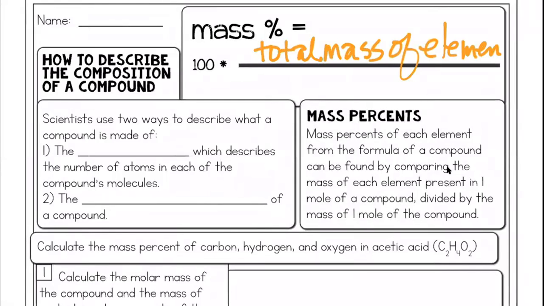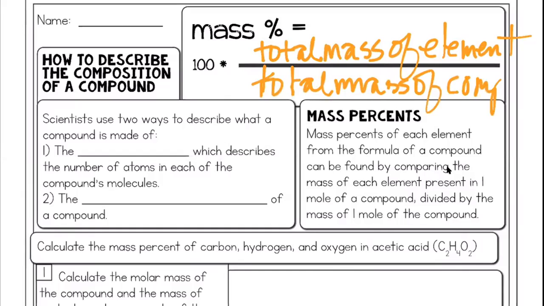So once you figure out the total mass of your element, that goes in the numerator. And the bottom is the total mass of the entire compound. So that's why what you saw on that worksheet that I was showing you has it set up in that table form to help you calculate those things to use to do this percent calculation.